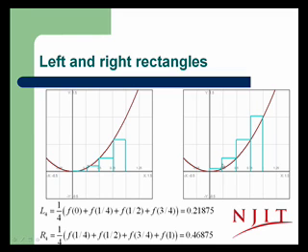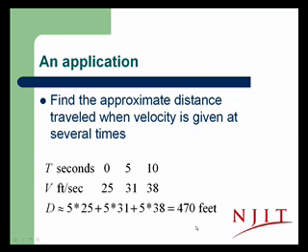We have these upper rectangles, which is going to give us an overestimate of the area under the curve. We could add up these areas. For the left rectangles, the sum of the areas is 0.21875, and for the right rectangles it's 0.46875. And for the case at hand, we can approximate that the true area under the curve is somewhere around the average of these values.